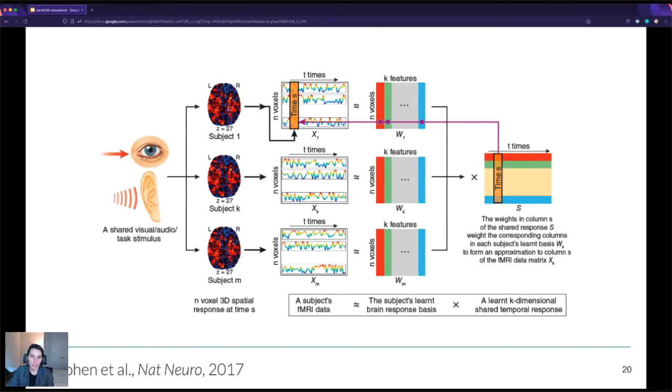And now what you're going to do is, rather than just looking directly at the voxels, find some joint low dimensional factorization where you have shared time components across individuals, and then every individual gets a spatial component as well.